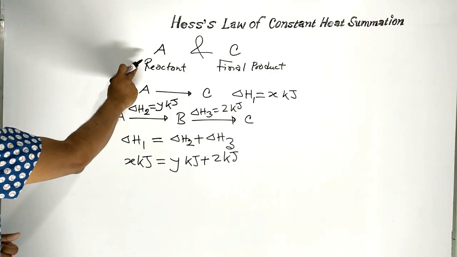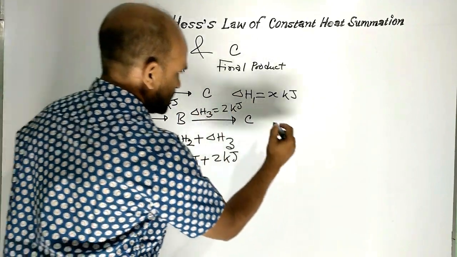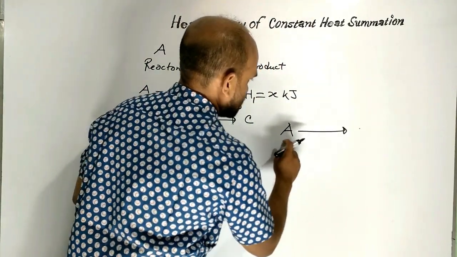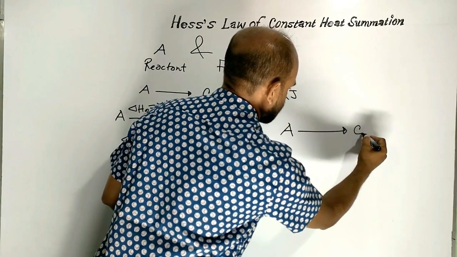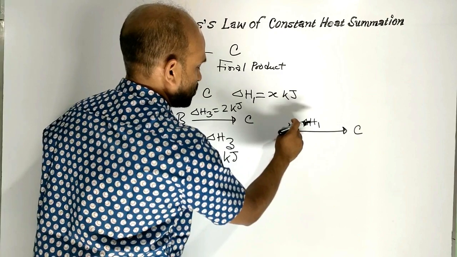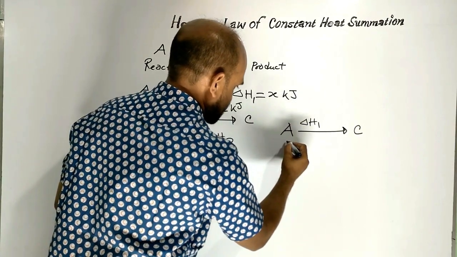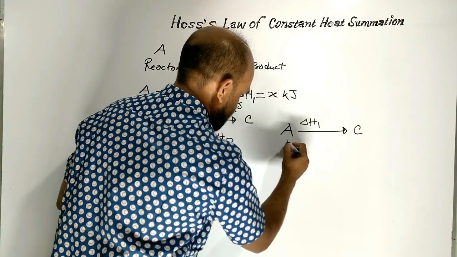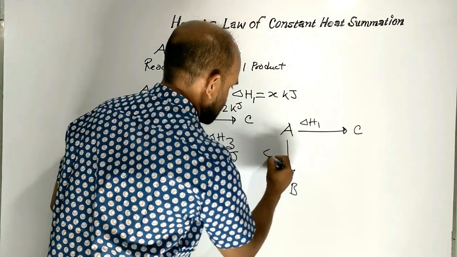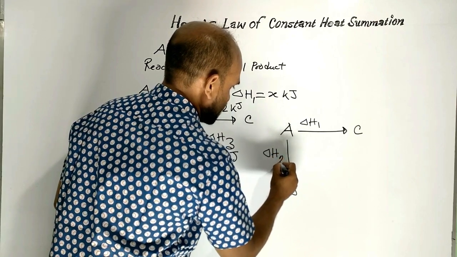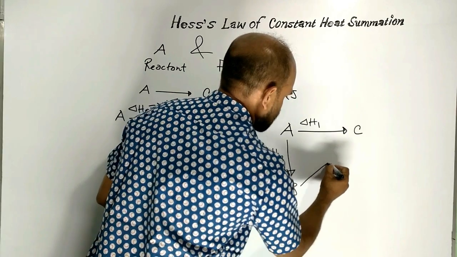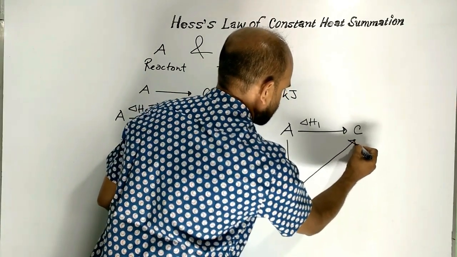A is reactant and C is final product. This can be shown simply in this way. A is converted to C directly. Here, heat change is suppose delta H1. Again, another way, A is converted to B first, and here heat change is delta H2, and B again is converted to final product.